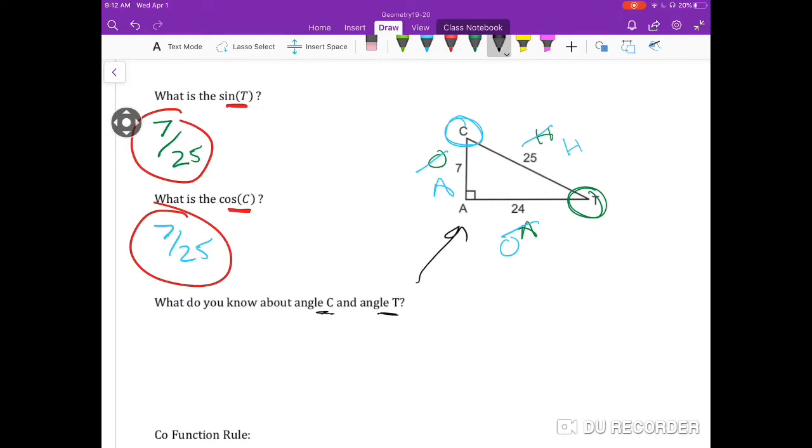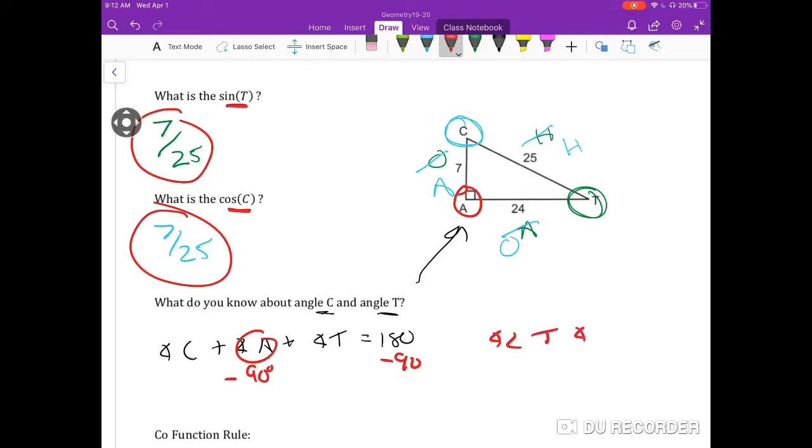Well, what I know is that angle C plus angle A plus angle T is 180. Now I know that angle A is 90 degrees. So if I subtract that from both sides, I know that angle C plus angle T is 90.